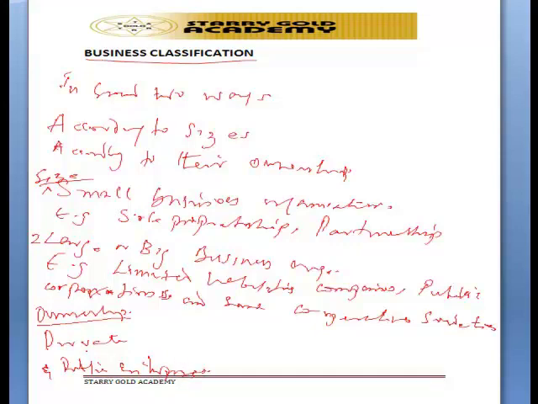So these are the classification by ownership. And under private business, those businesses that are owned privately, they are also sole proprietorship. Under this, we have partnership.